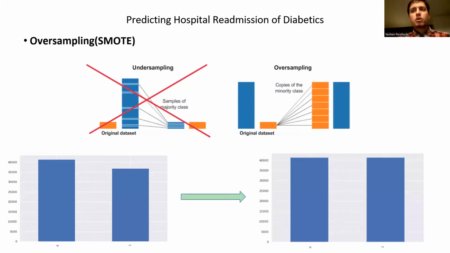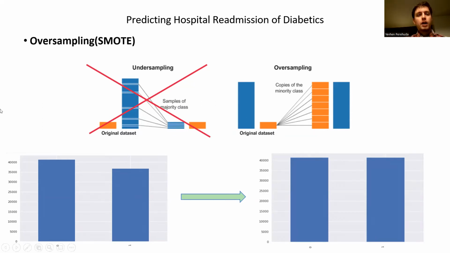As we remember, our data is imbalanced, so we have two possible ways to manage it: oversampling or undersampling. And we decided to use oversampling, as during undersampling we cut our majority class, and it can lead to some information loss.